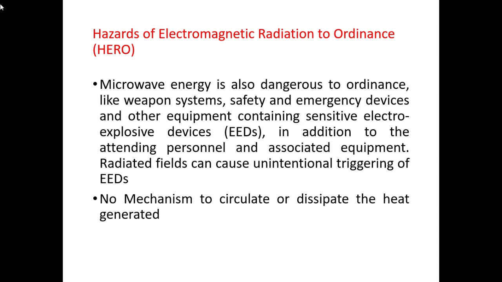The hazard of electromagnetic radiation to electro explosive devices is the unintentional triggering that can happen when you have a very high power microwave radiation system placed near any warehouses which store weapon systems, etc. Even there, there won't be any mechanism to dissipate the heat generated.